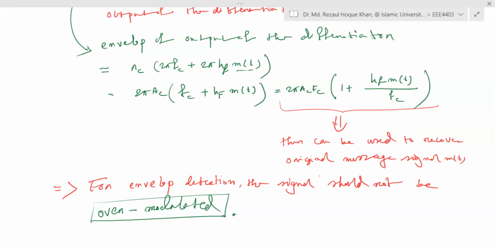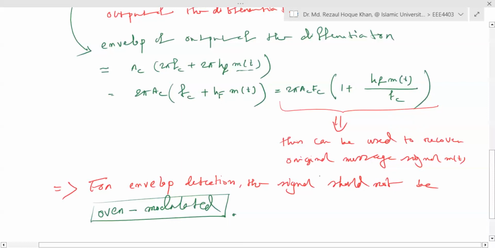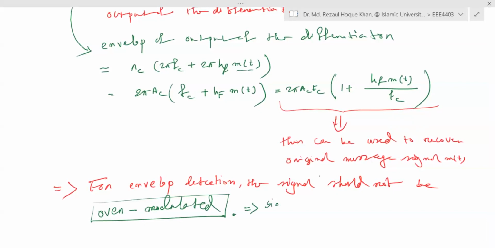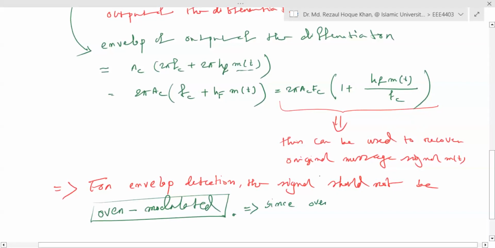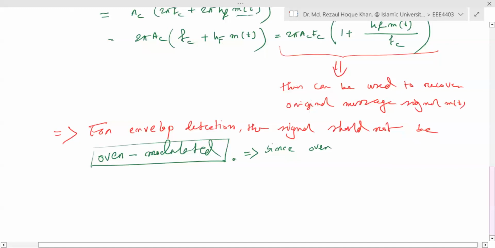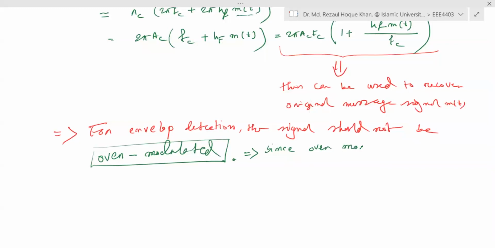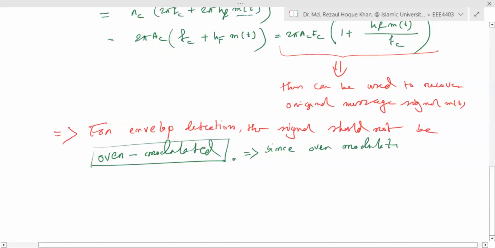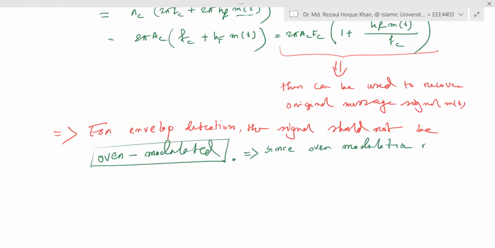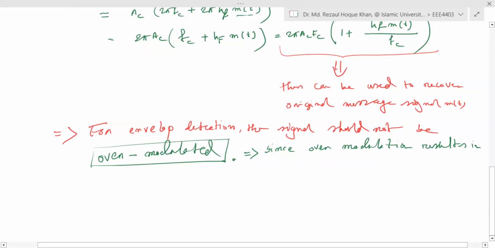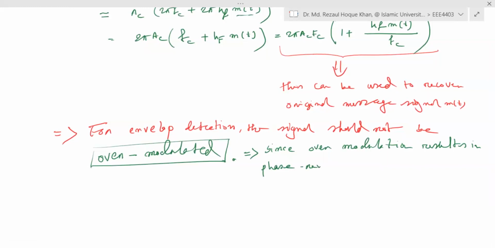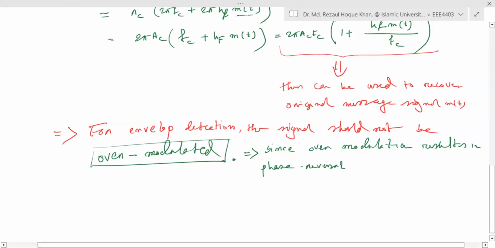Since overmodulation results in phase reversal, what does overmodulation do? We actually saw it in our amplitude modulation.